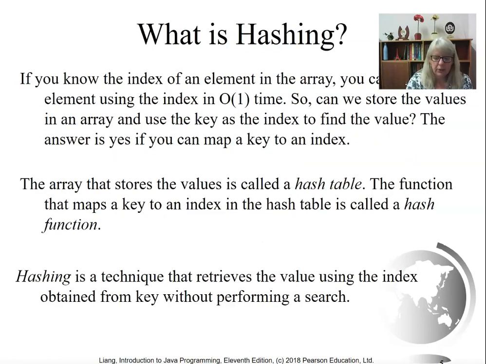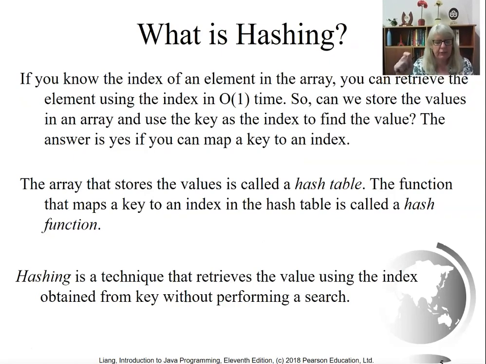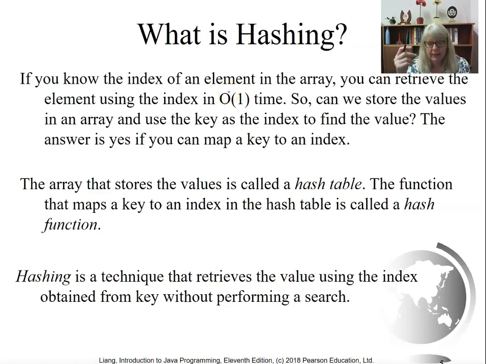Okay, so now let's carefully look at what is hashing. If you know the index of an element, not the key, the index, you can retrieve the element in order one time. We spoke about that. So can we store the values in an array and use the key as the index to find the value?